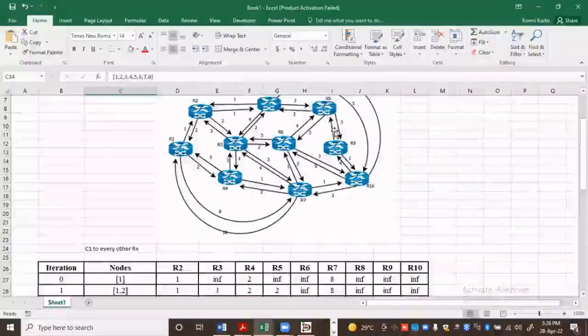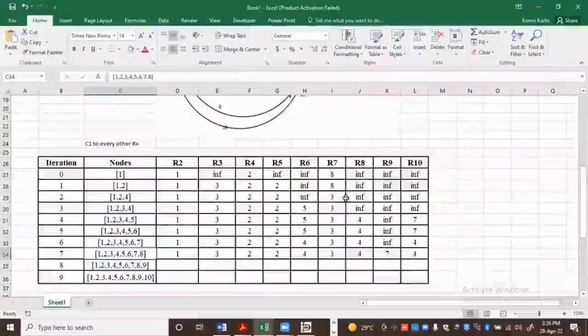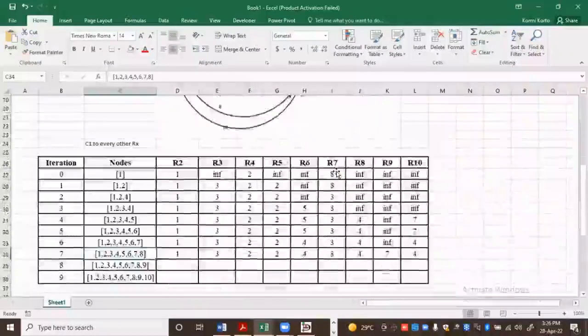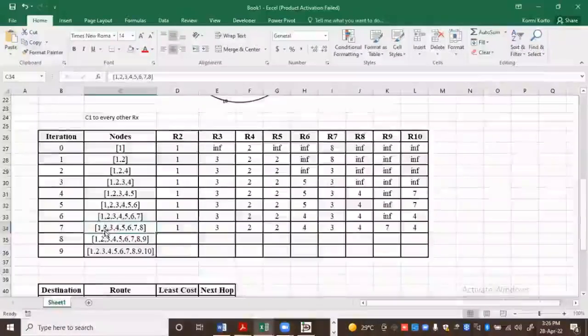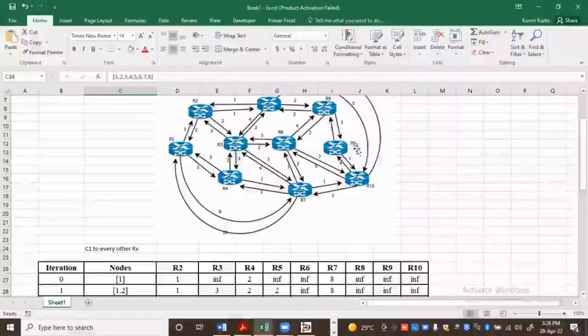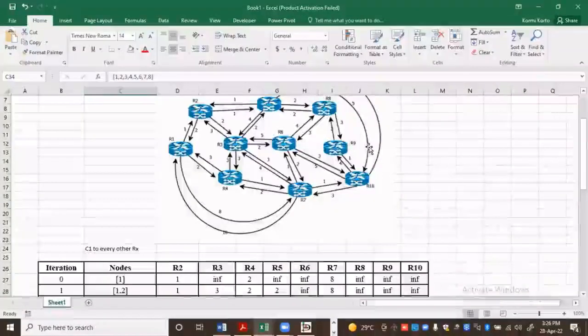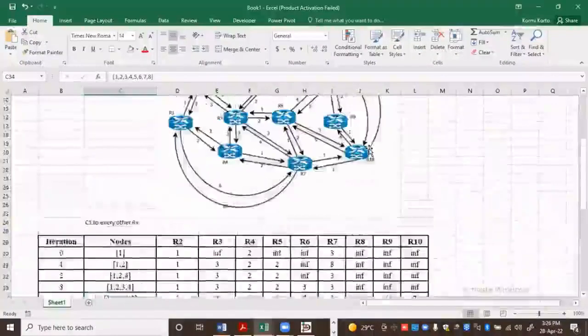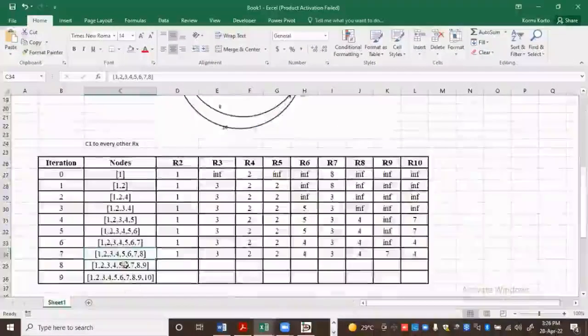The only way I can send packets to you is if I have 1, 2, 3, 4, 5, 6, 7, 8 routers in this sequence at my disposal before I can actually forward packets to you. So if you're a client connected to maybe MTN, so this is Vodafone over here, then that's what will happen. It will take you forever. It will take a number of iterations before people can actually forward packets to you.